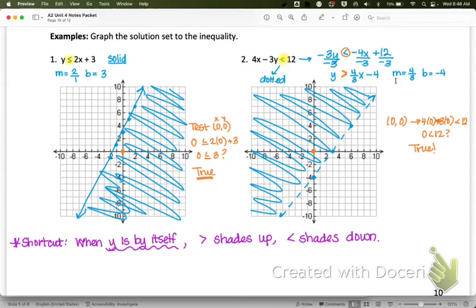On number 1, y was already by itself. It says y is less than, so we shaded down. When we solved for y up here, once y was by itself, it said y is greater than, and that is why we shaded up. So if you have y by itself, you don't need to use test points. But if you're not going to get y by itself, then you always want to test a point to decide which side to shade.